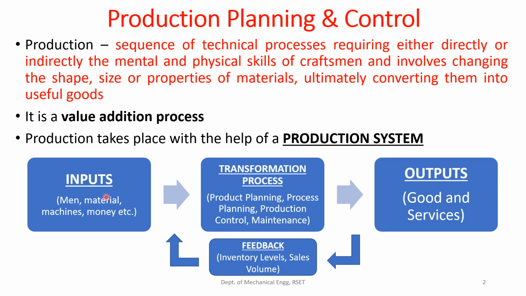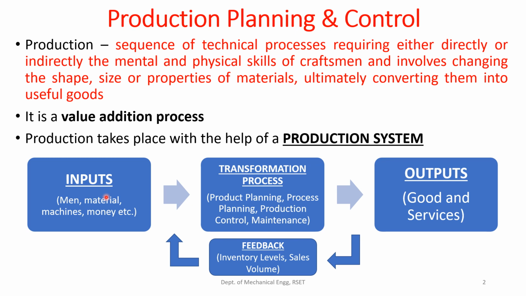Now, there can be an additional element in most cases in a production system, and this additional element is what we refer to as a feedback. Now, this feedback is what basically helps us to correct our transformation processes and inputs so that we produce goods and services which are of value to your customer.